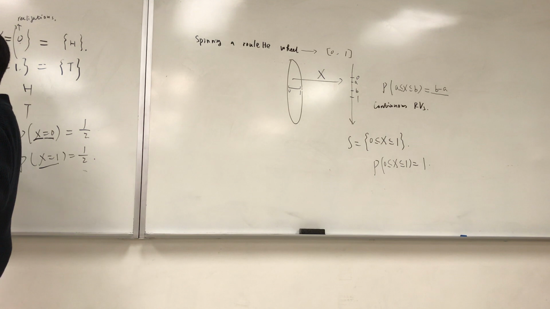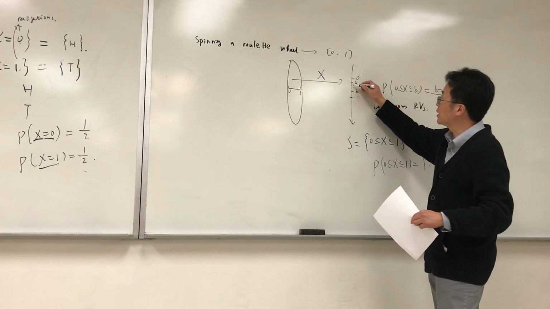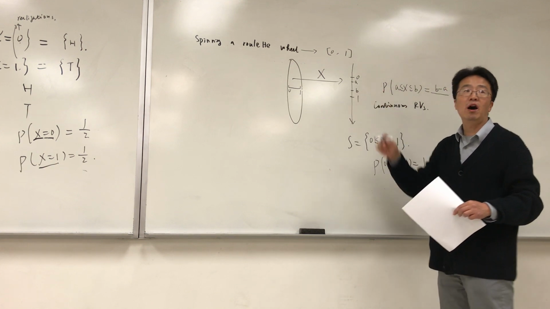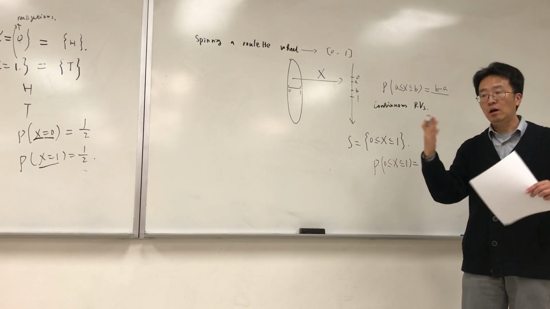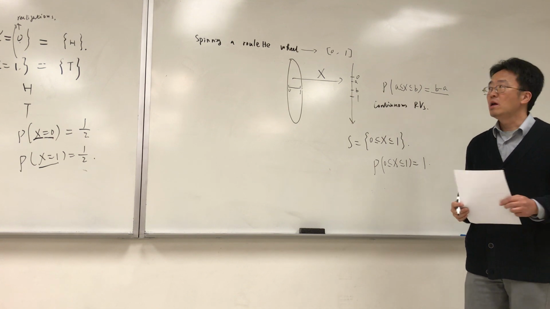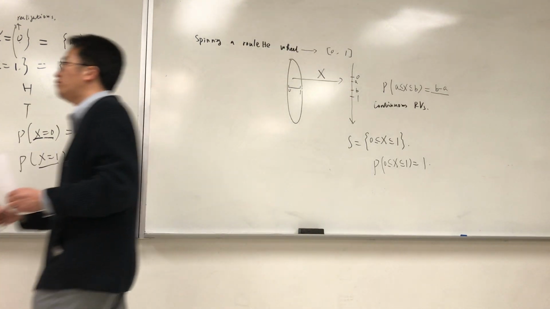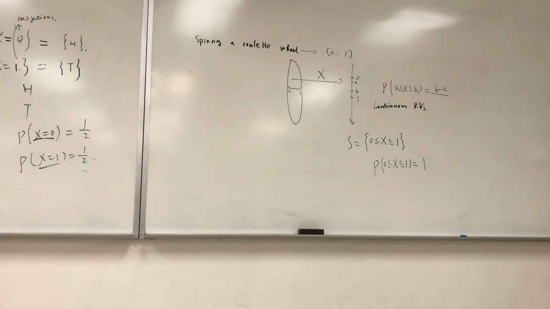What's the chance of 0? What's the chance of 1? What's the chance that this will be between, say, 0.2 and 0.5? In other words, how can we determine probabilities? And in order to build such a model, we need to define a special function. This function is called probability distribution function.